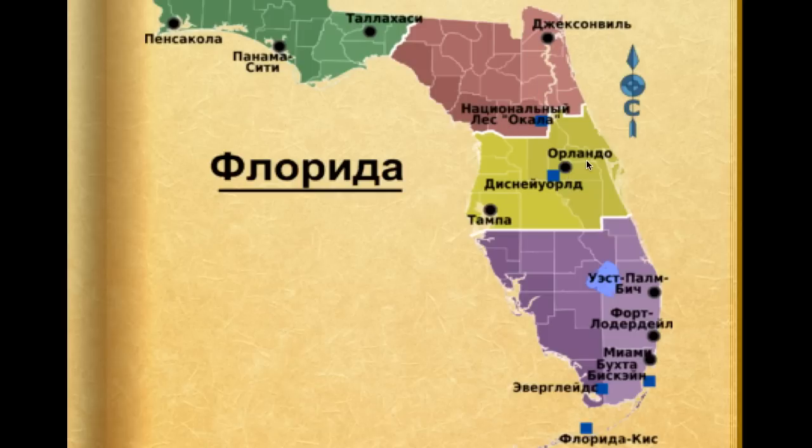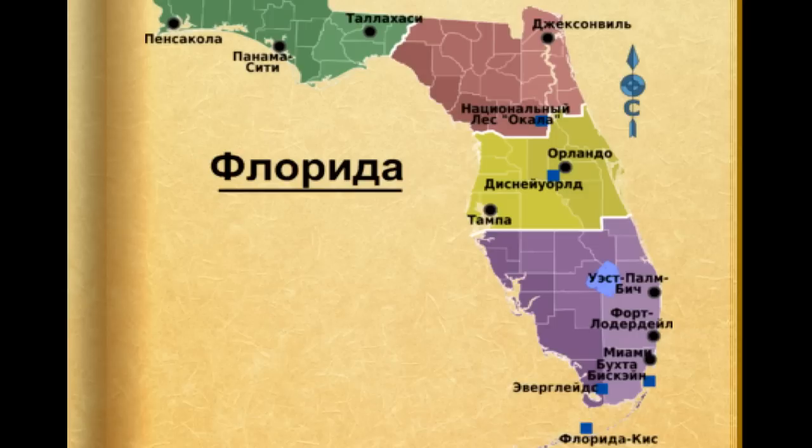Okay, let's come down here. You should be able to read this one. Orlando. Orlando. Okay. This one, you should be able to read everything except for this letter, and I'll help you out. So this is Disney World. Disney World.